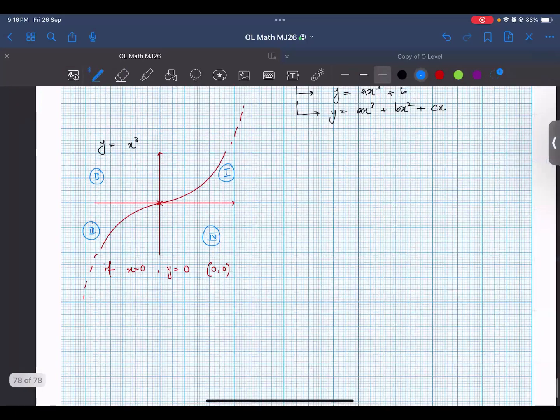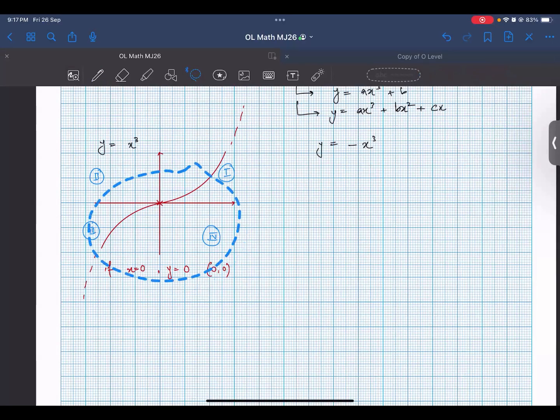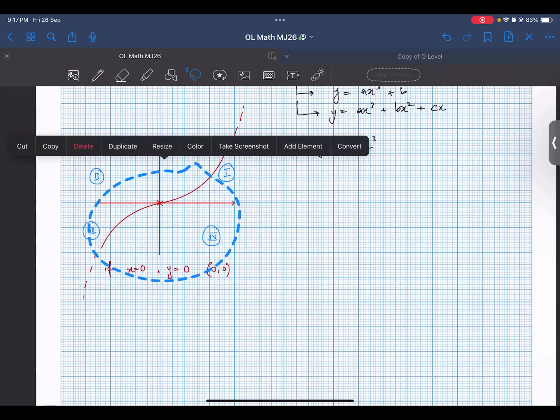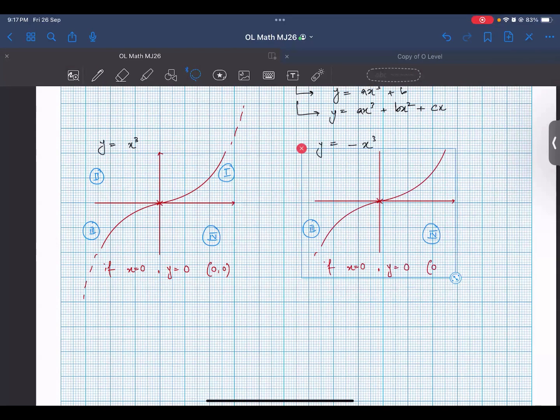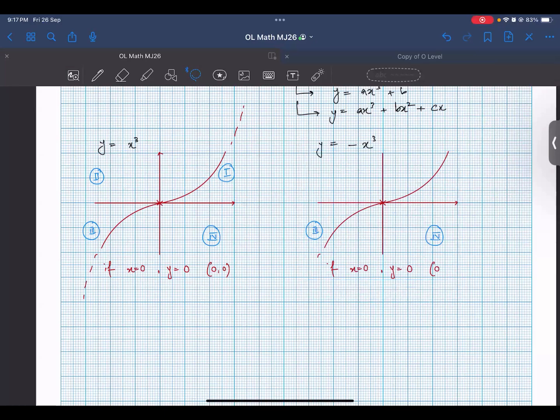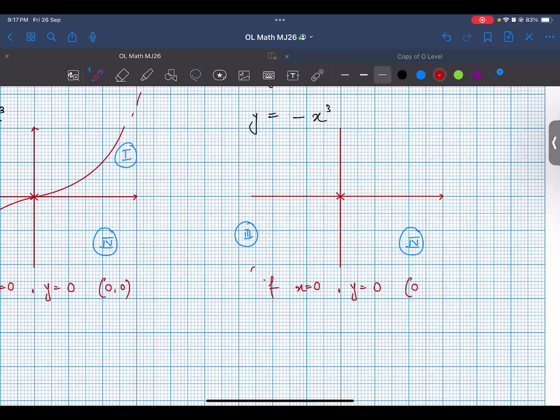Then let's suppose it is y equals minus x cube. So what happens now? The graph is very much similar. Yes, it would reflect in the x-axis. The graph will now begin from the second quadrant, like this, and go towards the fourth quadrant.